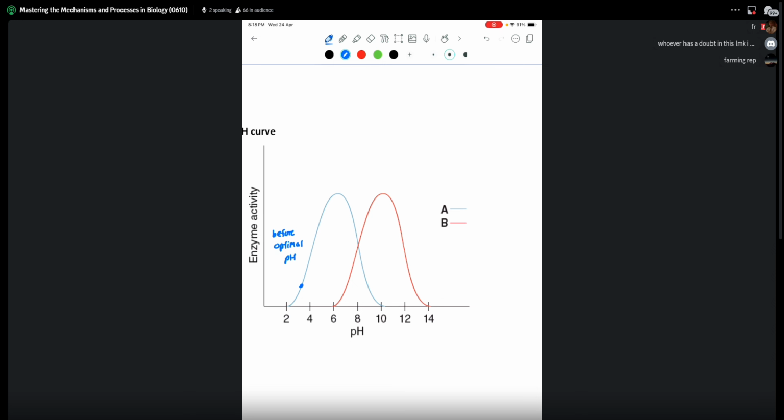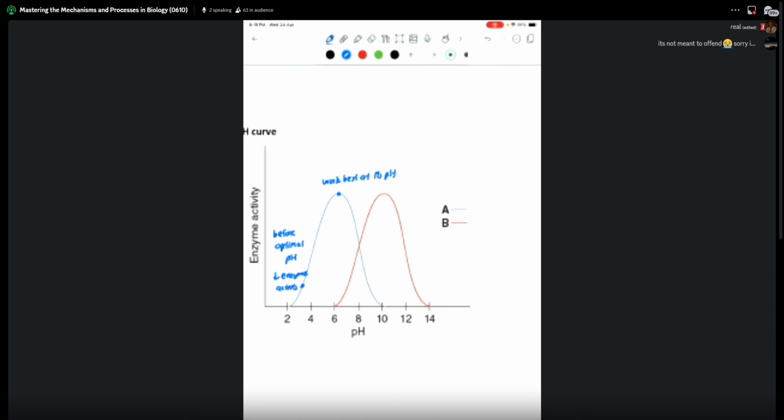So when it's before optimal pH, there will be lesser enzyme activity. And when it reaches this point, the enzyme will work best at its pH, peak performance. I always call it peak performance.